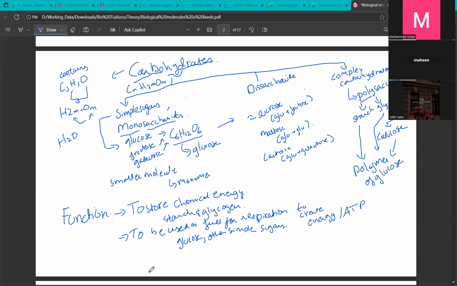And lastly, to provide support to plants, which is the function of cellulose. Cool? Simple? This whole chapter is quite simple. Let's move forward. So this is all of carbohydrates.